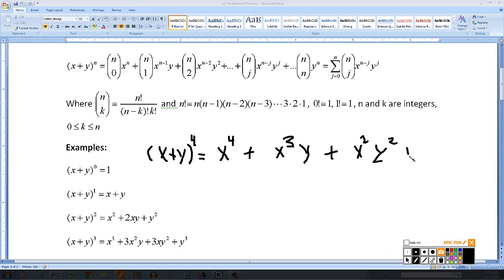So this will be x. Increase the power on the y. This will be y to the third. And then finally, decrease the power on the x by 1. That'll be x to the 0, that's 1. And increase the power on the y by 1. This will be y to the fourth. Okay, there you have it.